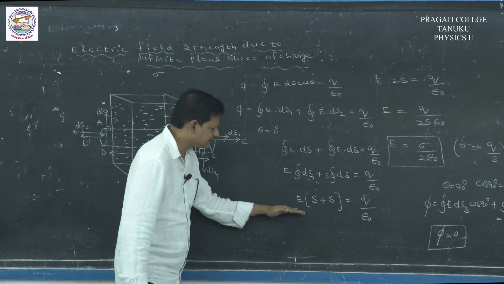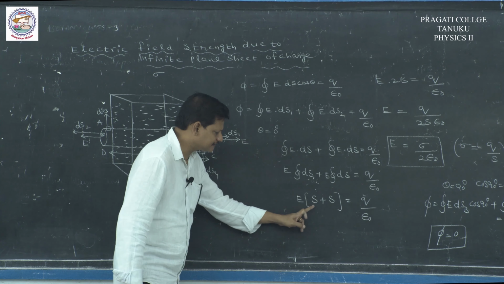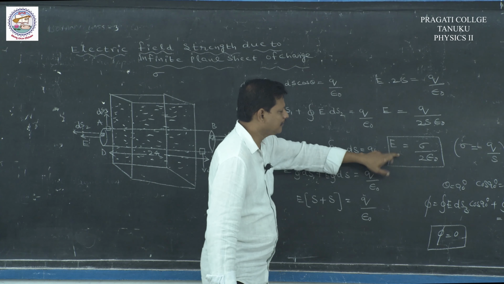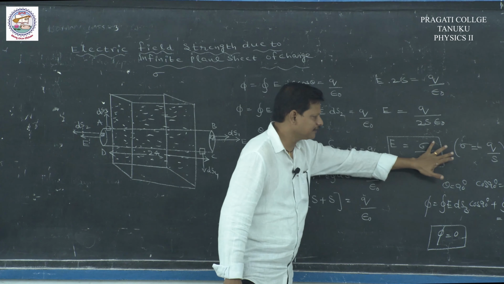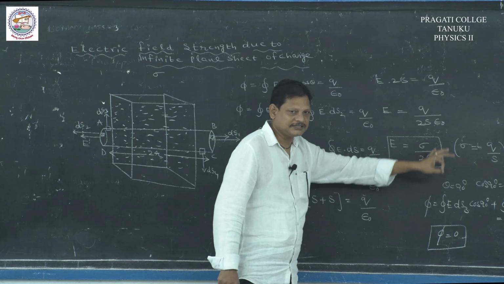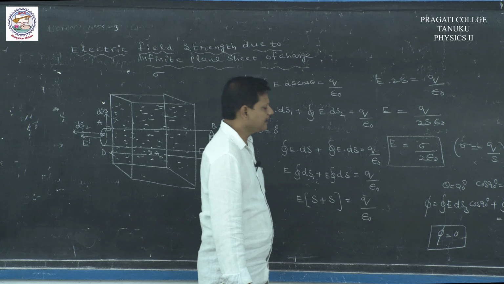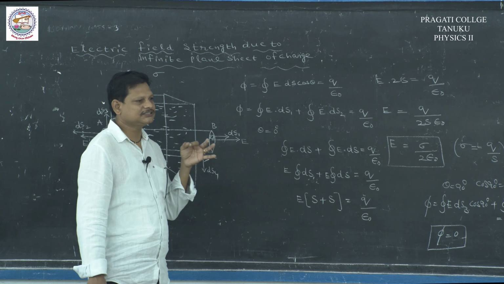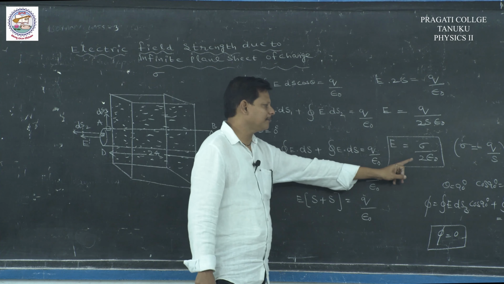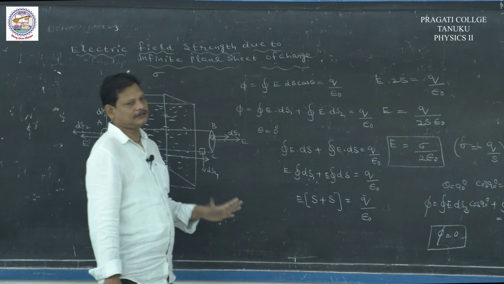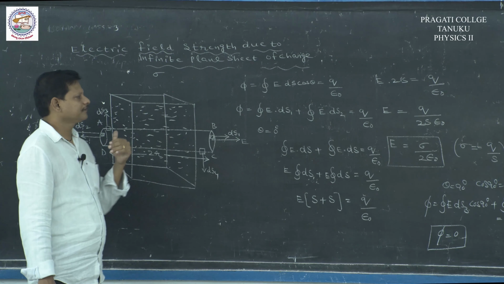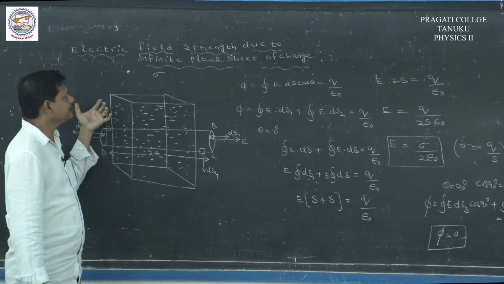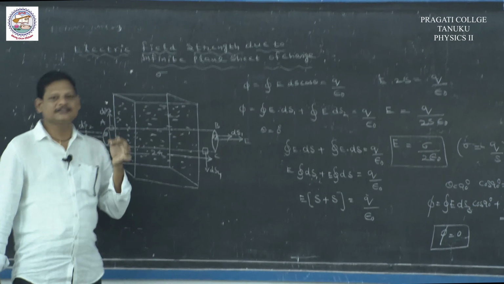From this, integral ds is S. So, E is equal to sigma by 2 epsilon naught, where sigma is the surface charge density. So, finally, the expression for the electric field strength due to a charged sheet is E equal to sigma by 2 epsilon naught. Next, we are going to discuss the electric field strength due to a spherical shell.